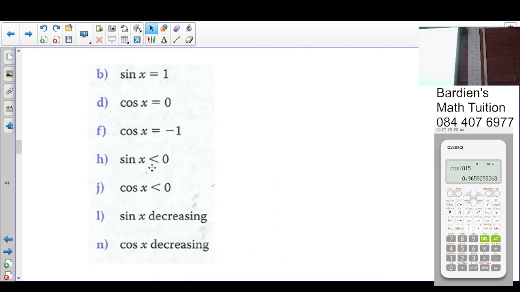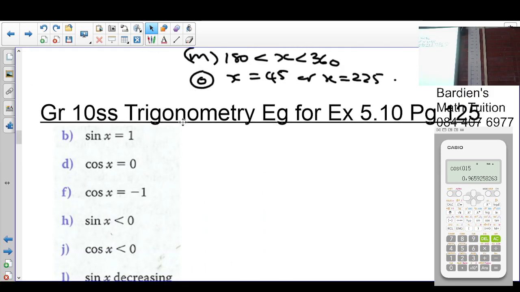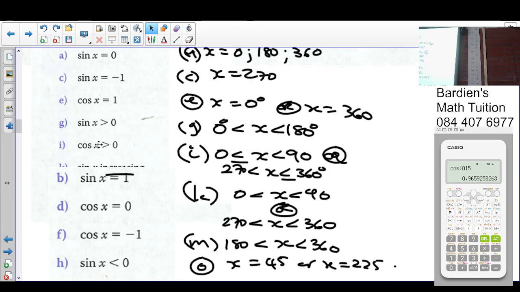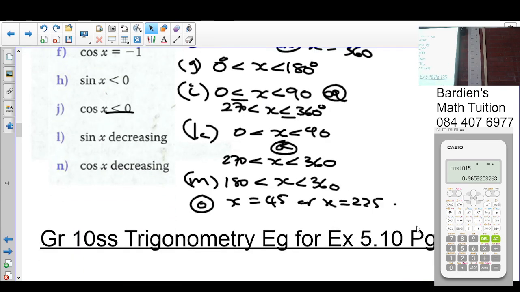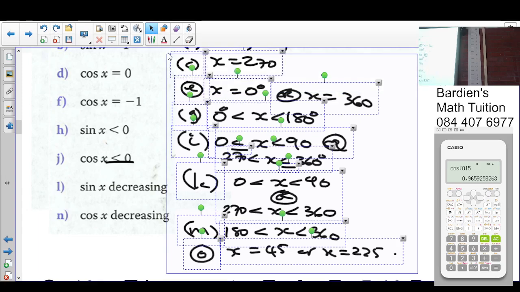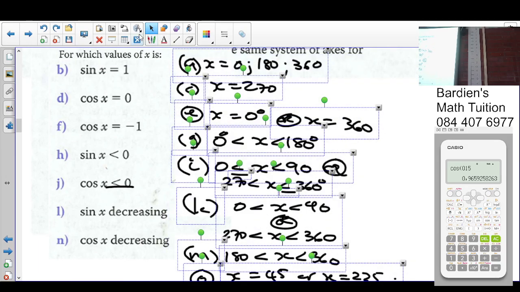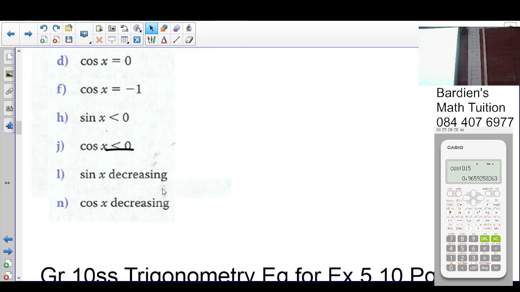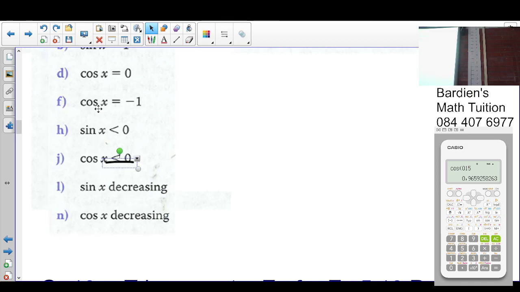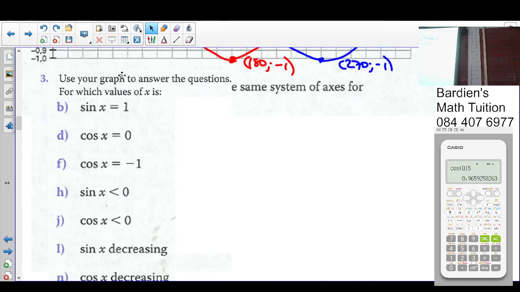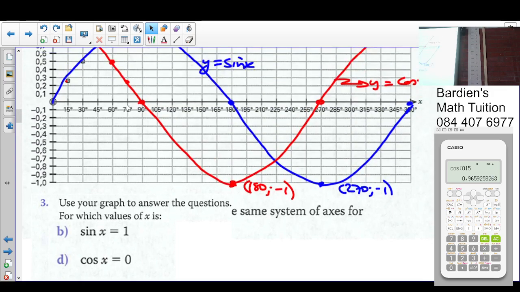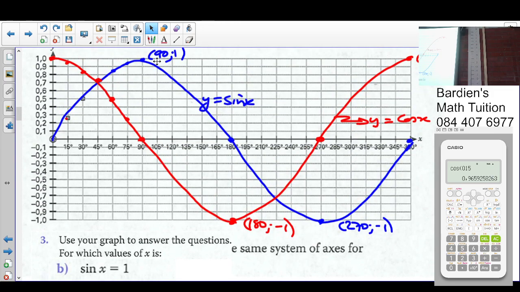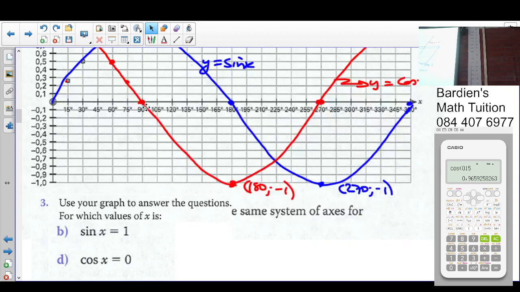Okay, let's look at these sums here on the side quickly before you leave. Right, so the question says, where is sine of x equal to 1? It is at 90 degrees. Can you see that?